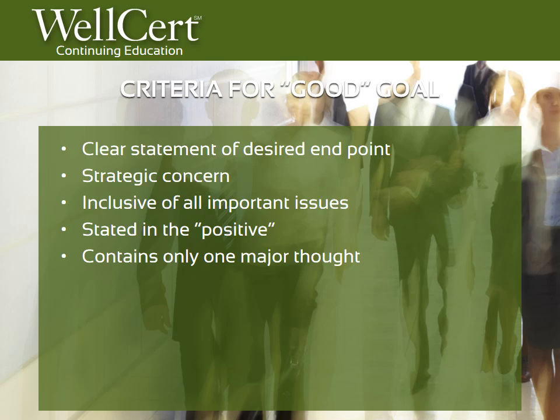Also containing only one major thought. So we should not have goals that have "and" in them. So we want to be able to focus a goal on one major thought only. Usually it needs to be measured in some activity. So we should be able to translate it, although the measurement metric is often not limited to the goal itself.